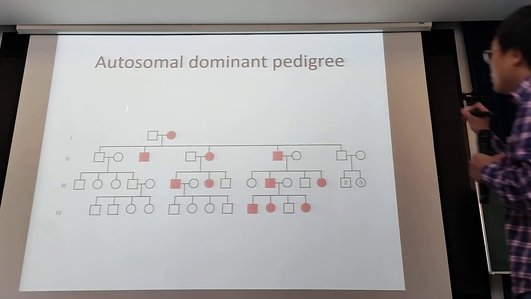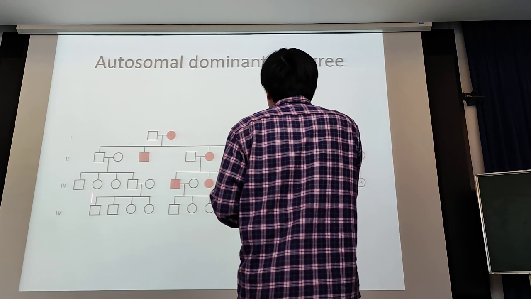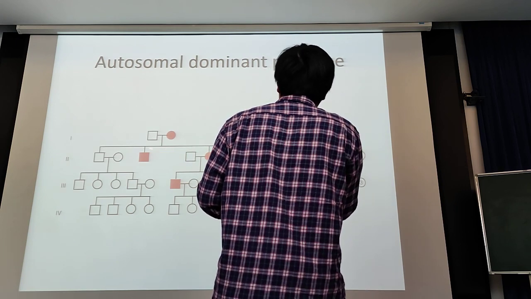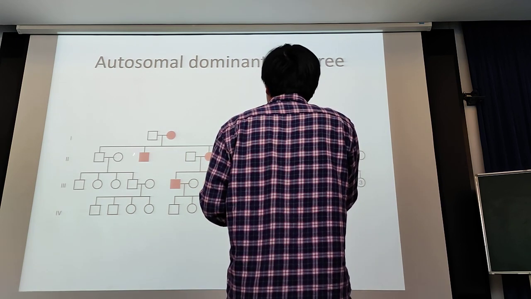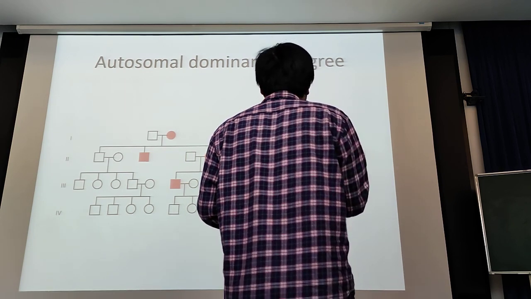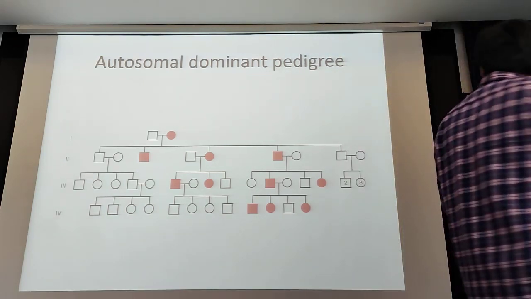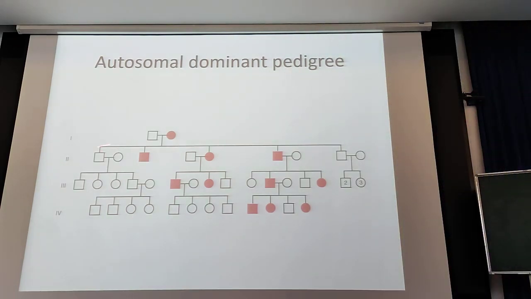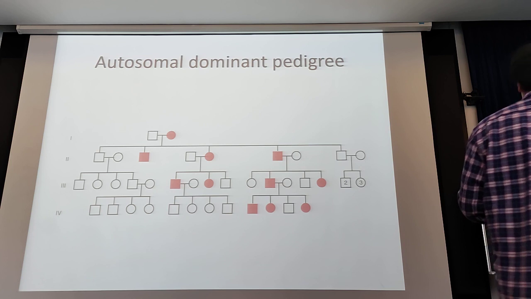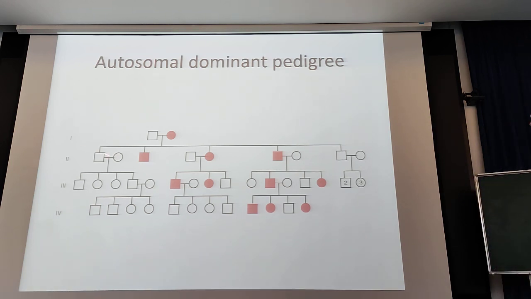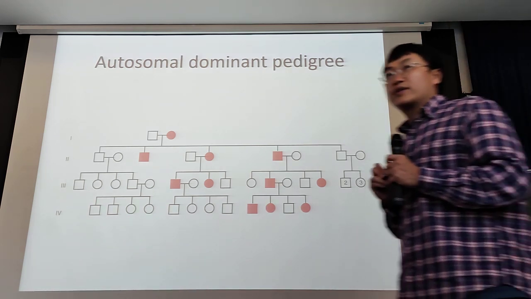So, for example, in this pedigree tree, we have the affected presented in generations 1, 2, 3, and 4. And with a family in which both parents are not affected, the family pedigree from this point to the next generation will not show the disorder. Okay?